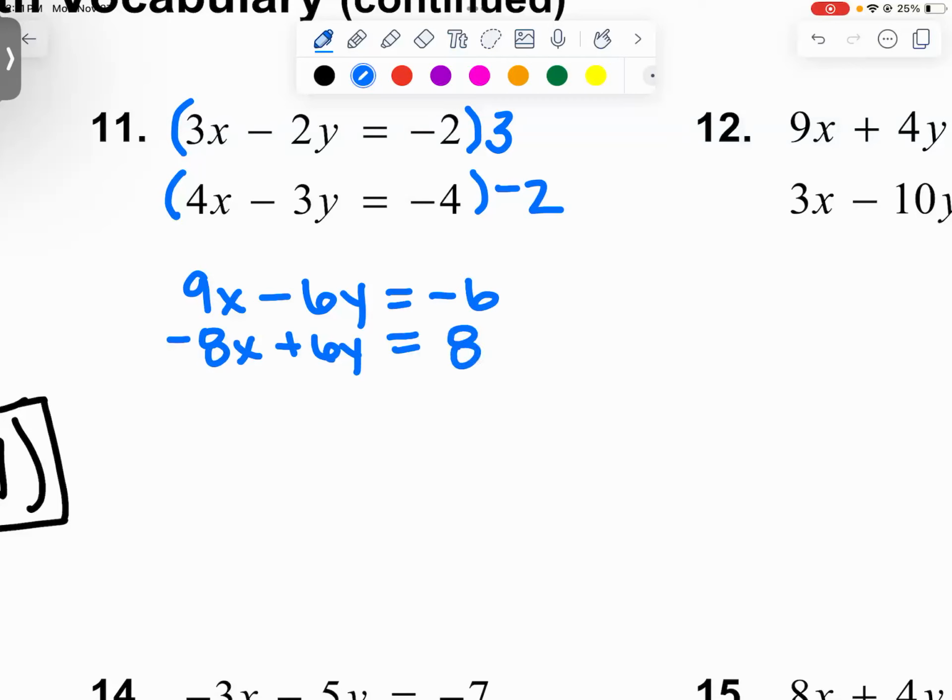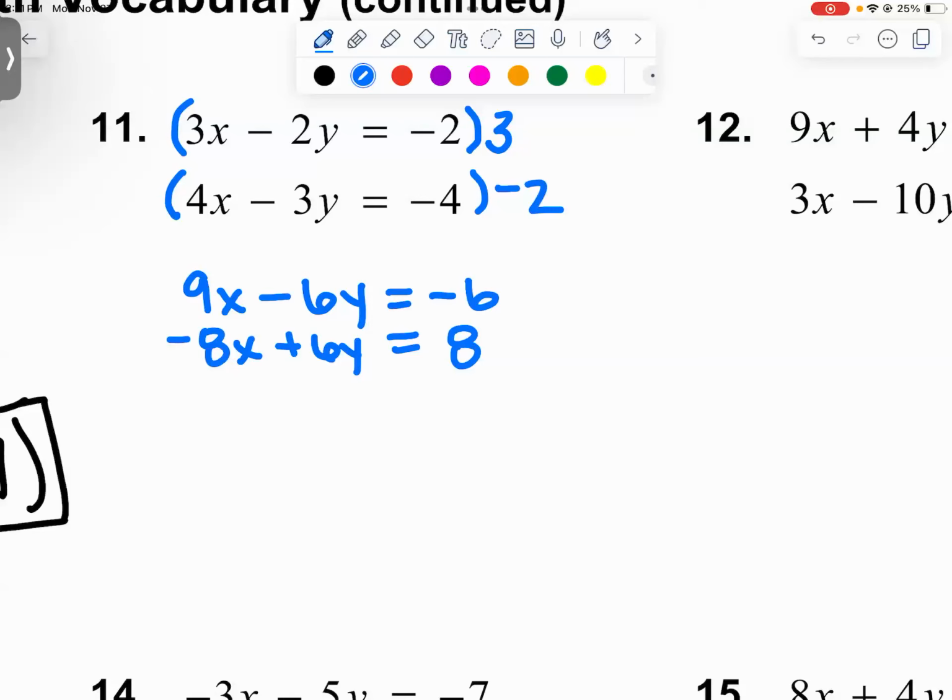Why did I choose 3 and -2? Because now my y's are opposites. So what we did is we focused on, I want the y's to go away. So I am going to pick a number to multiply to each of them to where my y's will end up being opposites.